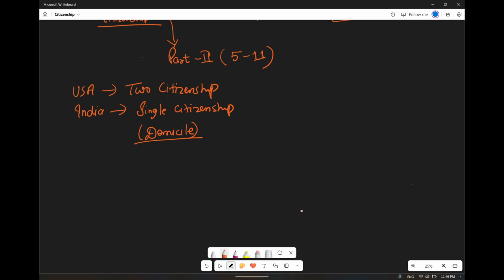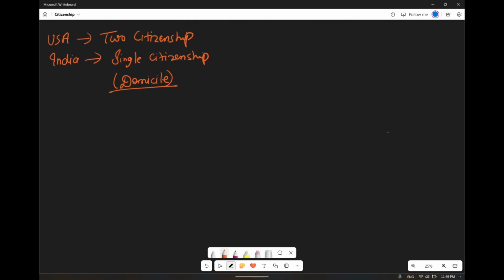So what exactly is citizenship? Citizenship is normally a matter to be dealt with by the legislatures rather than being incorporated in the constitution. India's case was different, where mass migration used to take place.